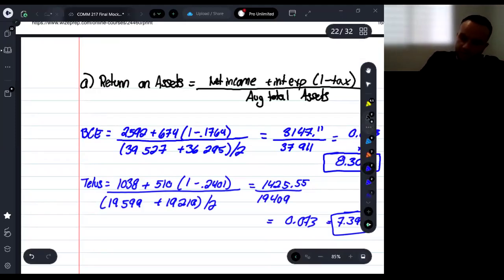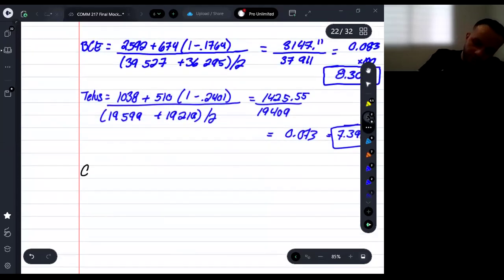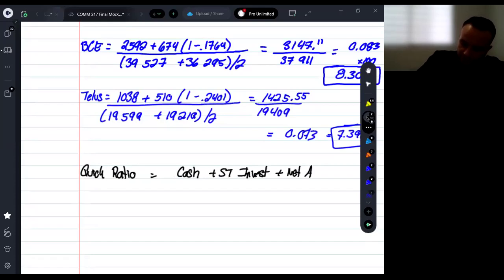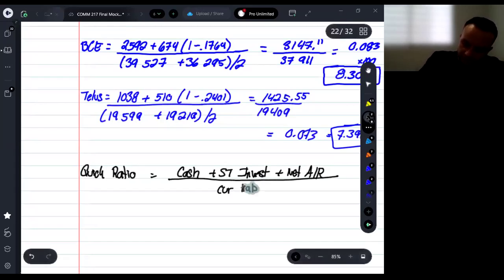Right, next one is the quick ratio. Here we do cash plus short-term investments plus net accounts receivable all over current liabilities.